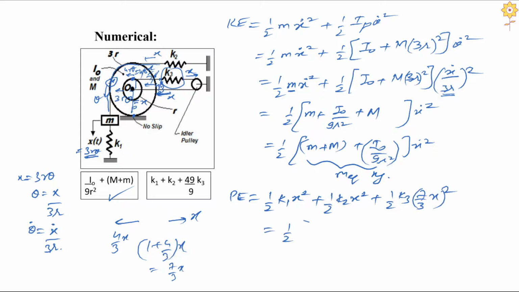So I just combine them into half into something of x squared. So I have K1 plus K2 plus 49 by 9 K3, times x squared. The term within the bracket should be K equivalent, that is Newton per meter, right?